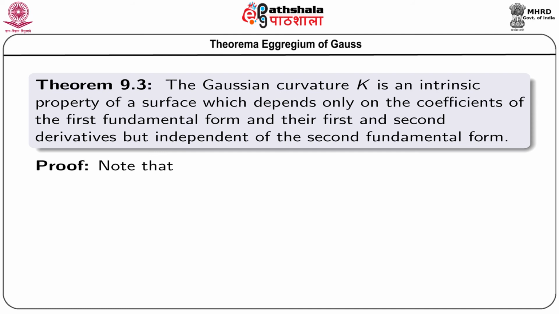So, in our earlier chapters we have defined Gaussian curvature as R1212 by A. So, in this theorem we shall prove that one actually, that why this Gaussian curvature is coming to R1212 by A.